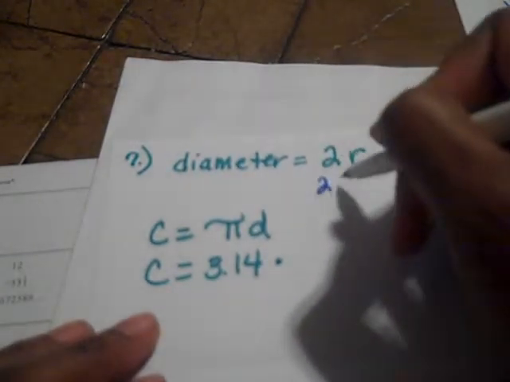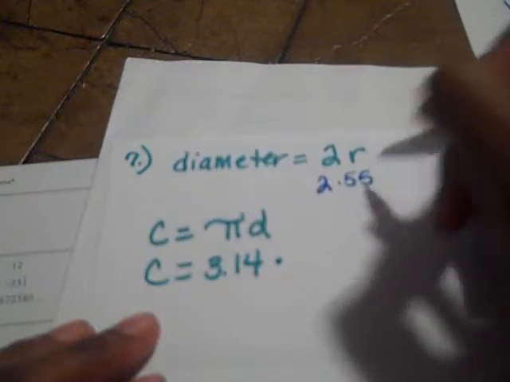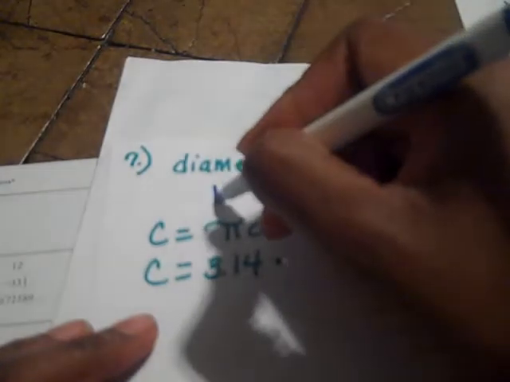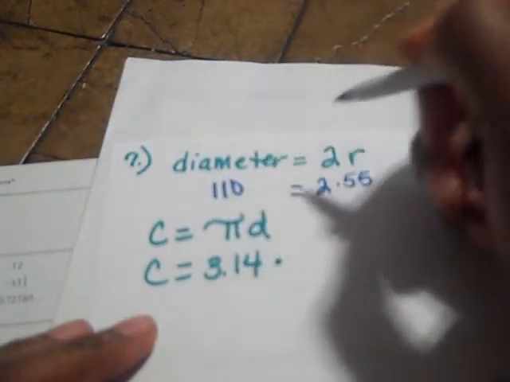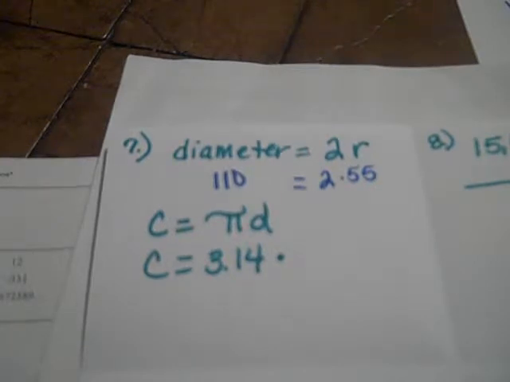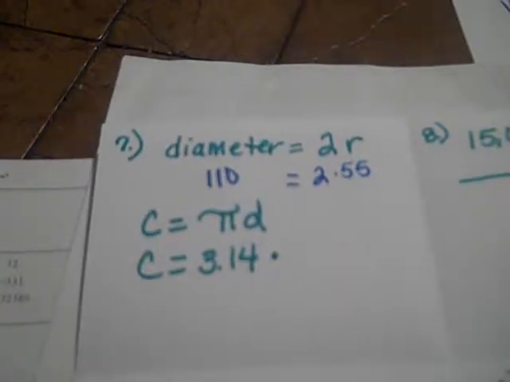So I take 2 and I multiply it by 55, which is going to give me a value of 110 as my diameter. Now I'm going to use my formula for circumference, which is pi times 2 times the radius, or pi times the diameter.